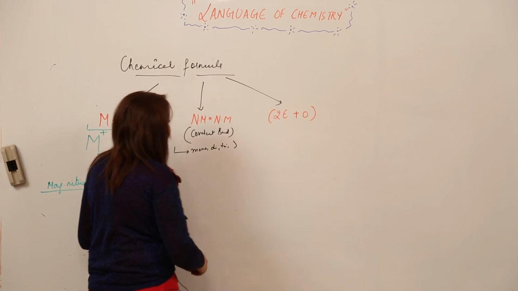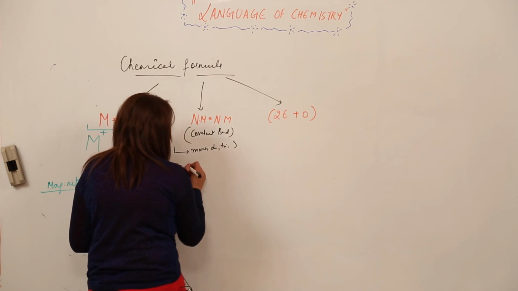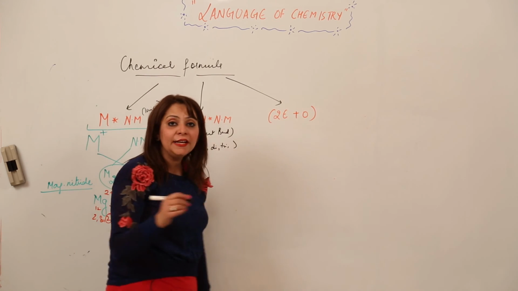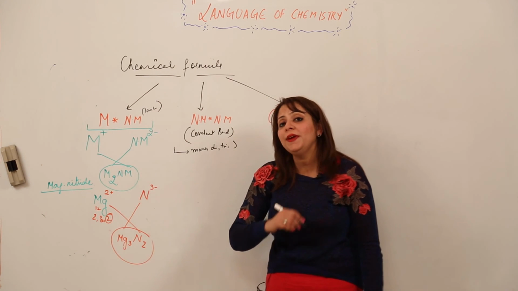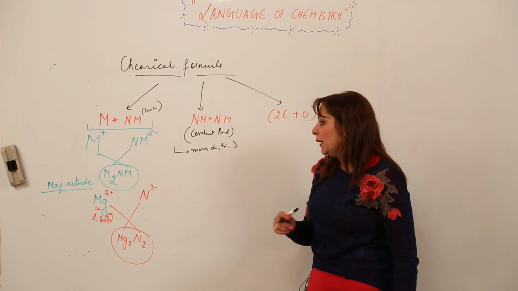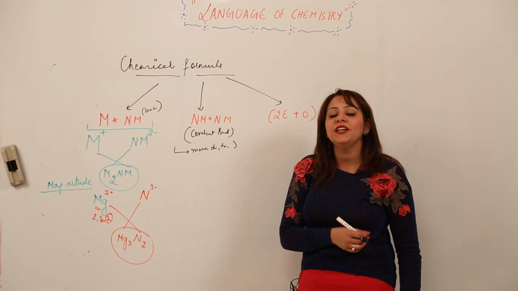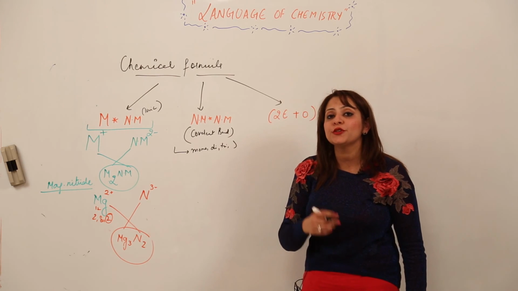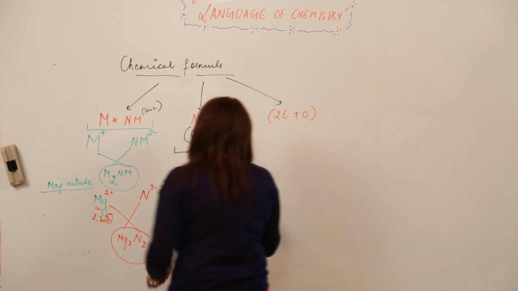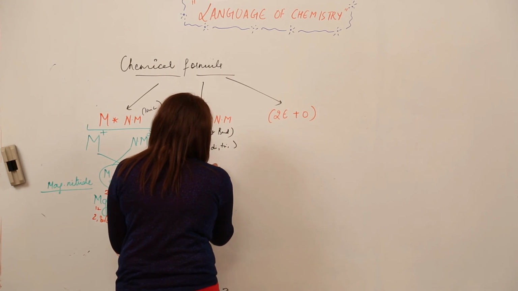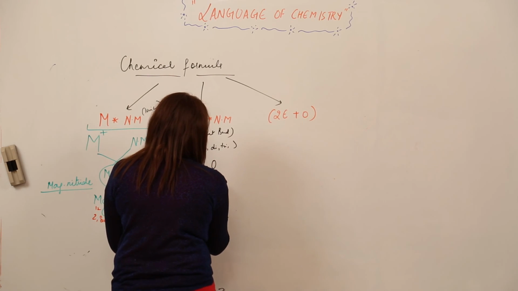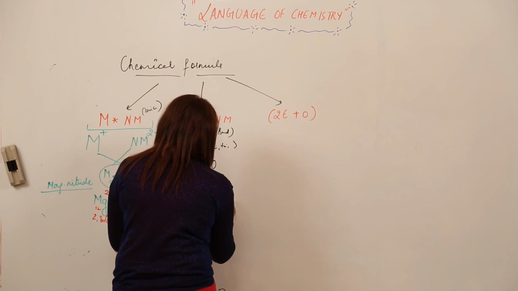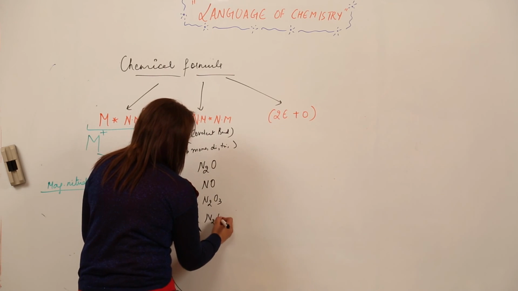For example, to make you understand, I am writing an example. See, we get to see nitrogen. Nitrogen shows so many variable valencies, right? So I am picking the compounds of nitrogen and oxygen, just to let you know the difference in naming them. So we get nitrogen as N2O also, we get NO also, we get N2O3 also, we get N2O5 also.